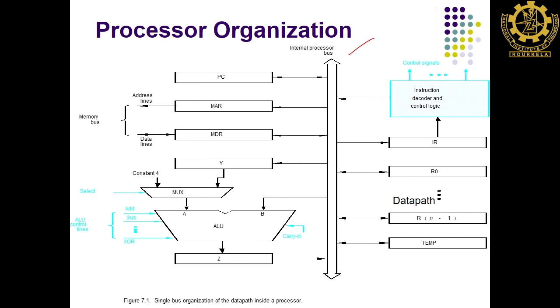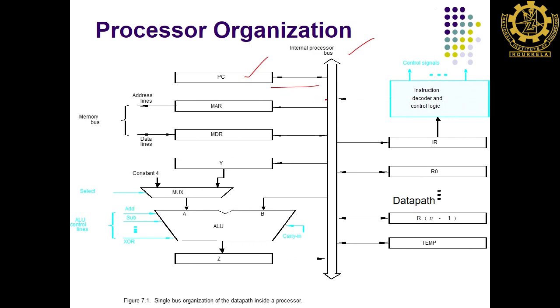As I said, the processor has a minimum number of registers. One is the program counter, and it is bidirectional. Why bidirectional? You need to remember the logic, then only will you understand whether it is bidirectional or unidirectional. The program counter value will go to the MAR, the memory address register, and that link will be unidirectional. From day one I said that the memory address register will be unidirectional.